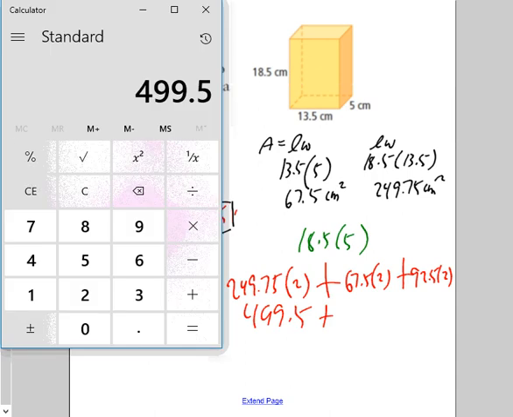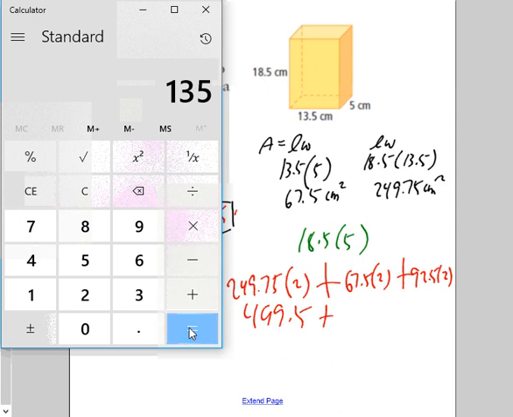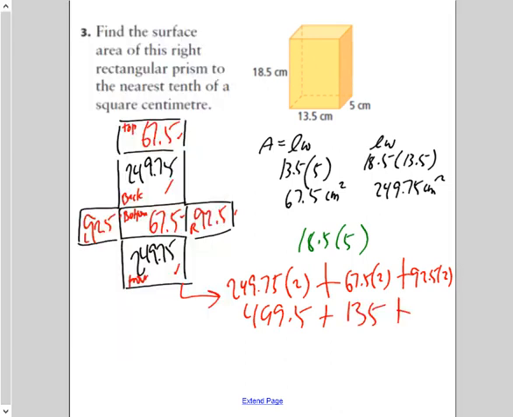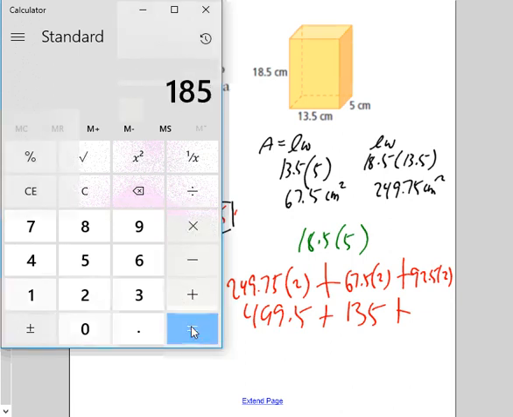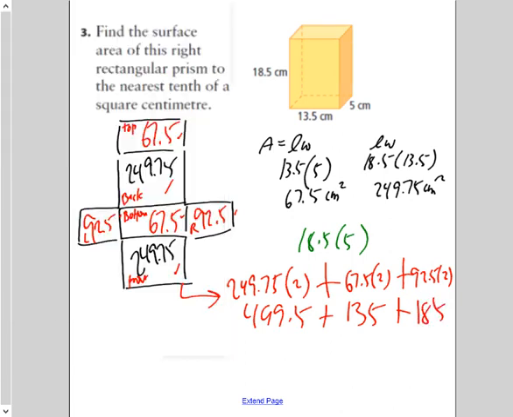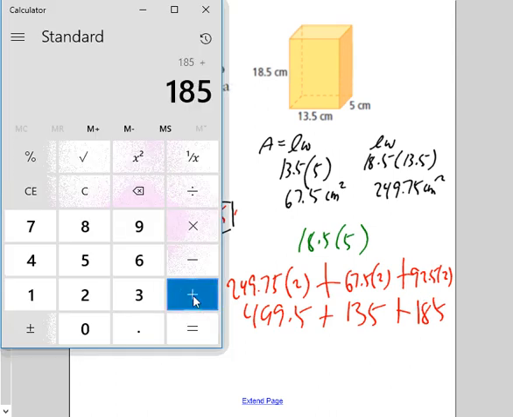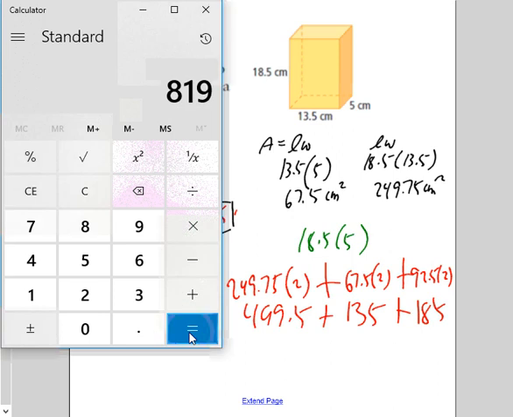Plus my 67.5 multiplied by 2, which is 135, plus 92.5 multiplied by 2, which is 185. Write those down and then add them together. 185 plus 135 plus 499.5 is 819.5. Is that the answer?